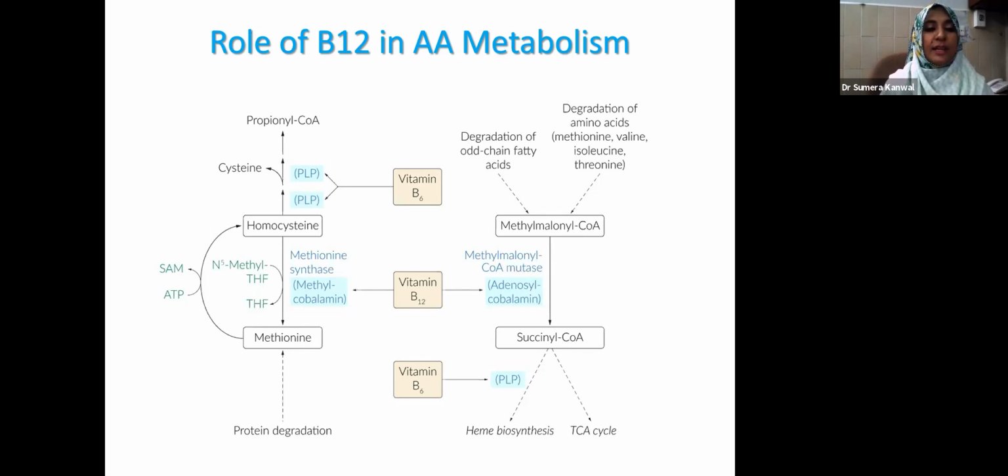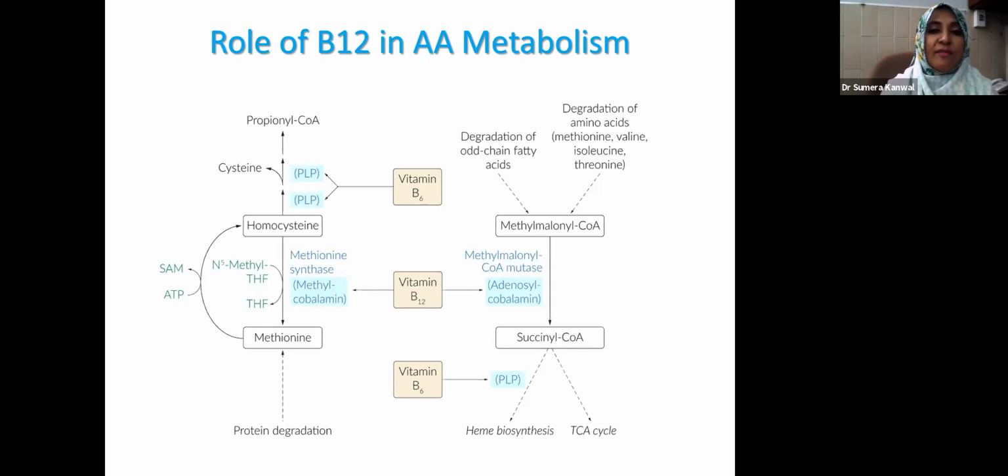This homocysteine, upon methylation, becomes methionine by the enzyme methionine synthase. It requires vitamin B12 as a donor of the methyl group, and this methyl group is coming from tetrahydrofolate. So this tetrahydrofolate gives the methyl group to B12, and this B12 acts as a methyl group donor.